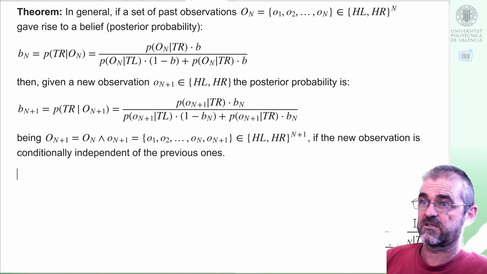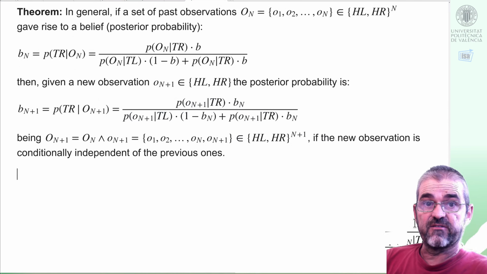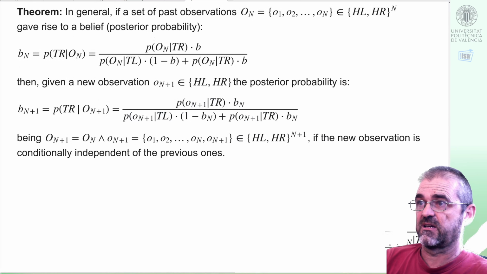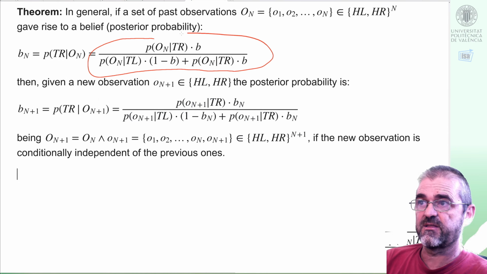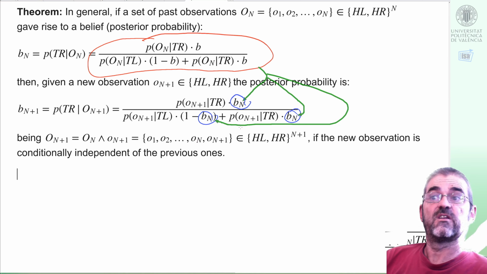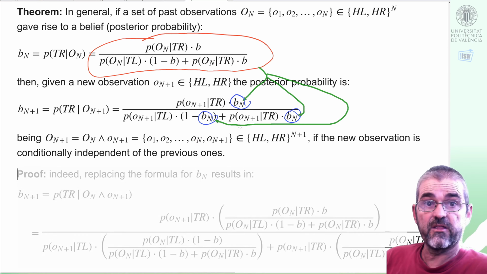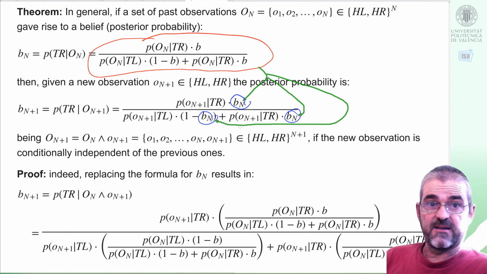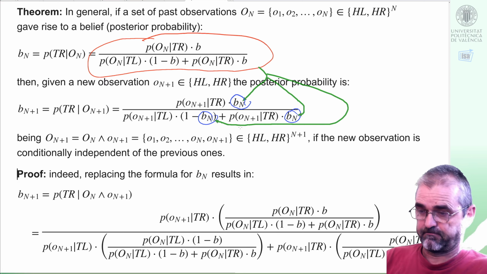So let us prove it in a very similar way to the two roaring event stuff. The basic idea would be, let us replace this into this, and of course also in the denominator, and then let us simplify the resulting fraction and see what happens.